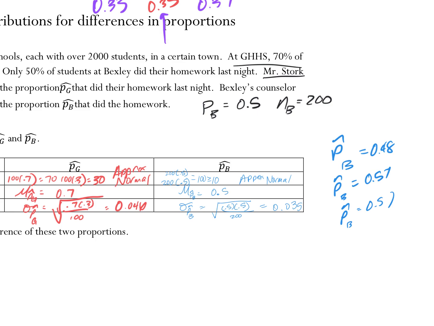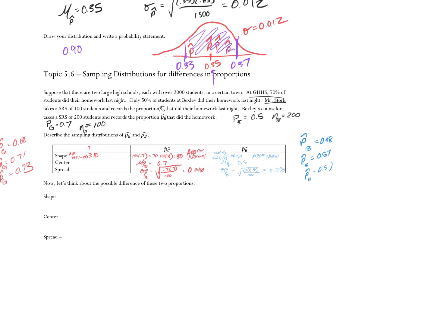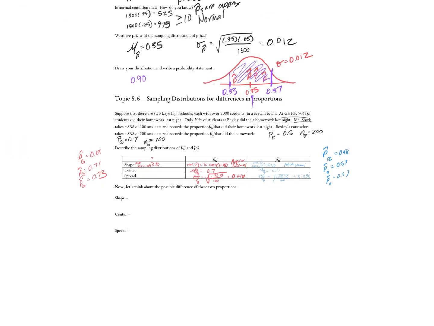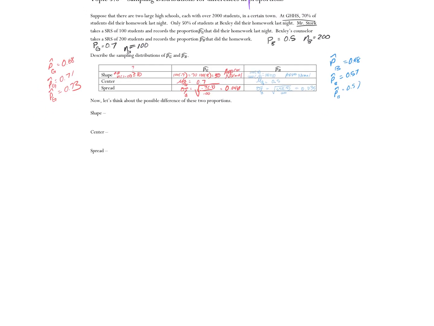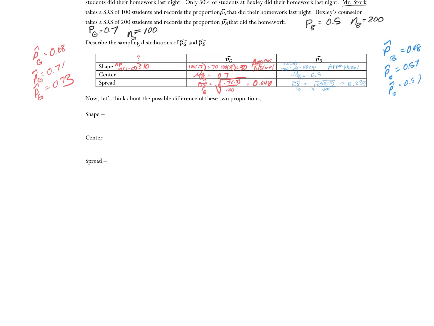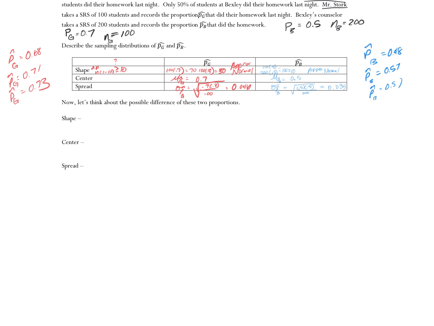All right. Now, when I have two different groups that I'm comparing, whenever we make a comparison, what we are really doing is looking at the differences between the two. What math operation goes with difference?